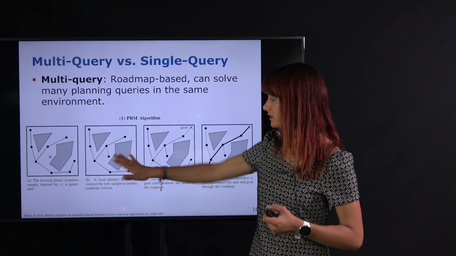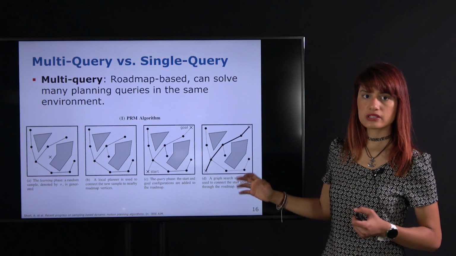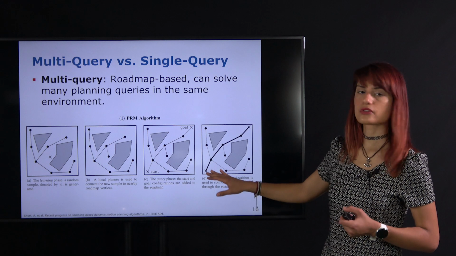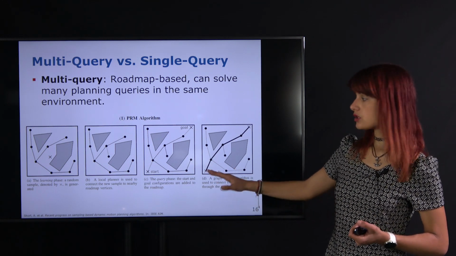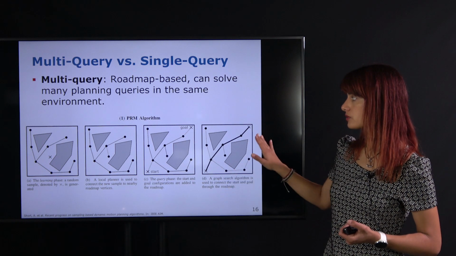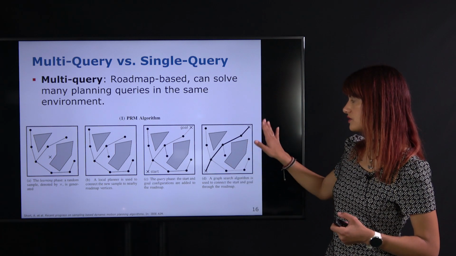And then given that, we can query start and goal configurations and use a search-based algorithm, for example A* or Dijkstra's algorithm, in order to connect these two configurations in a collision-free way by following the edges of the roadmap.